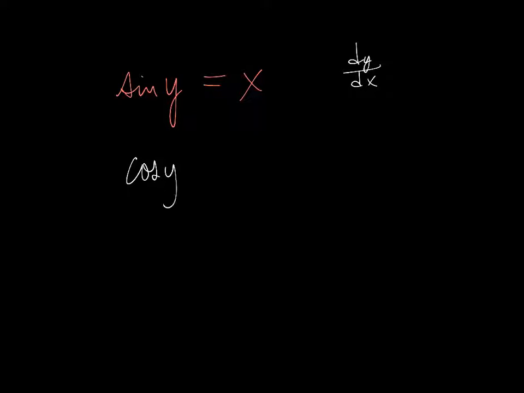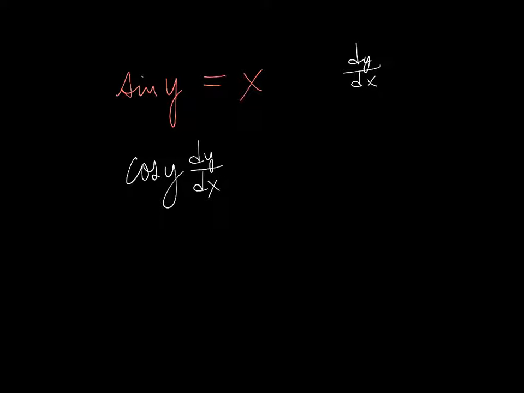Then what if we had a function like the sine of y equals x, and we wanted dy/dx of that? Well, the derivative with respect to x of sine y would just be cosine y, but I have to throw that dy/dx in there because I am differentiating with respect to x, and it's a y doohickey.